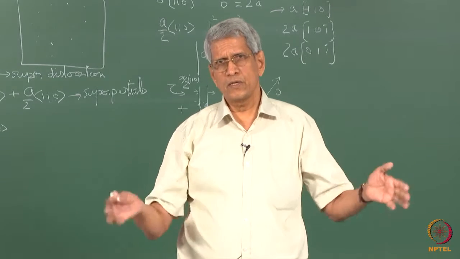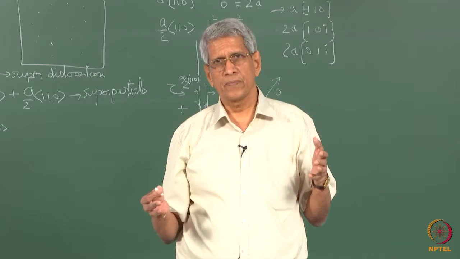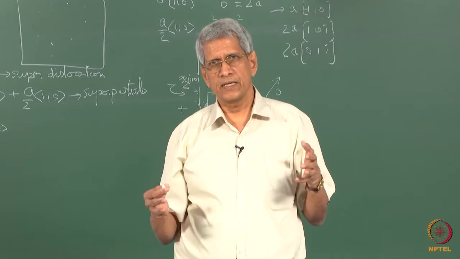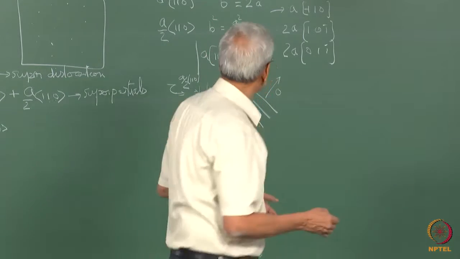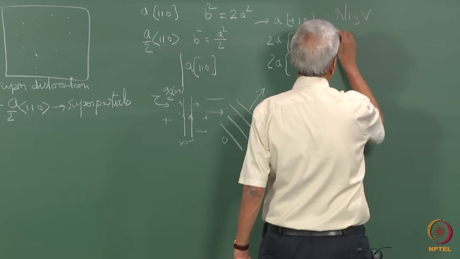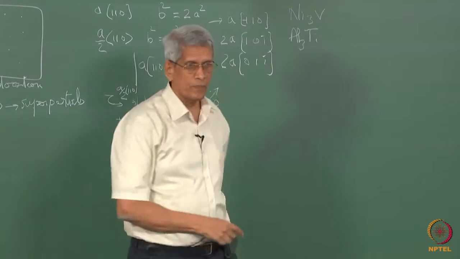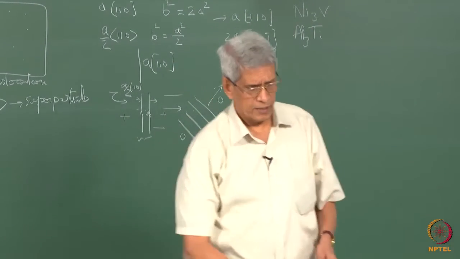This precipitate also forms in many cases like Ni3V, Al3Ta; there are many systems. That is the stoichiometric composition of Ni3V or Al3Ta. In this case also, the crystal structure is DO22.